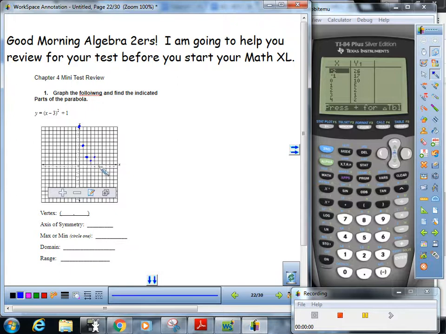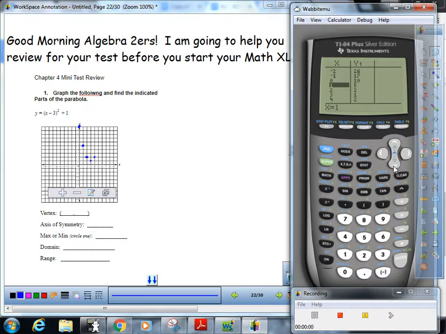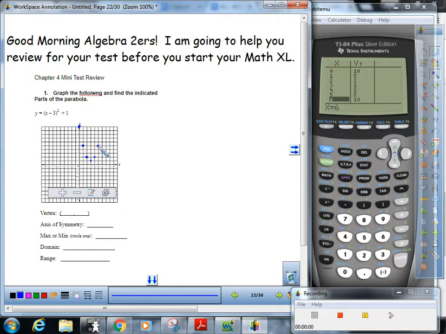Notice the symmetry there. And then we'll scroll down. 5, 5, and 6, 10. You can see that symmetry. So maybe I did more points than I needed, but now I feel very confident.